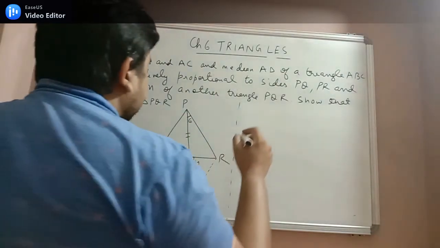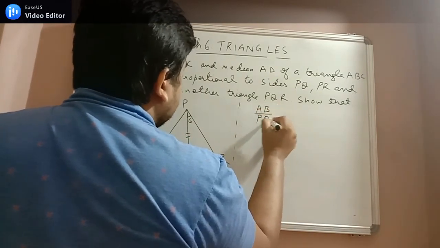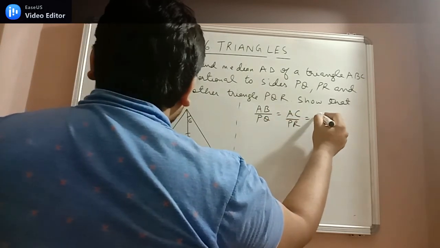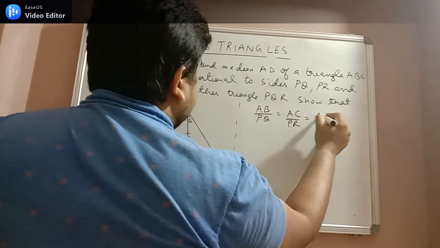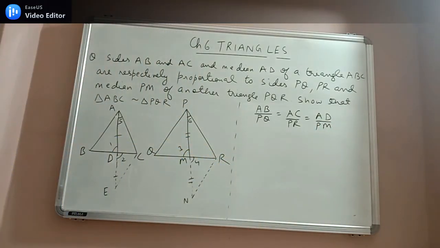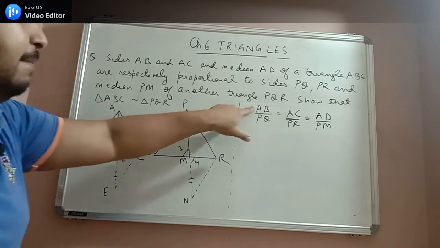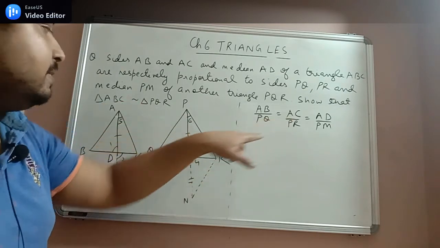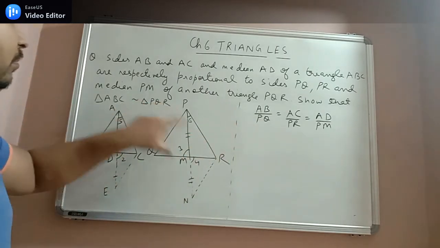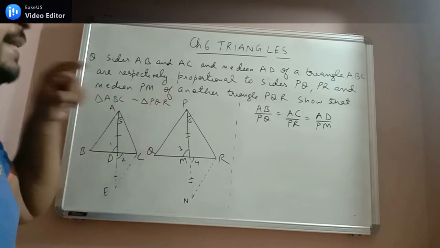Now we already have this ratio AB upon PQ equal to AC upon PR equal to AD upon PM. Let us write down EC instead of AB, NR instead of PQ, and instead of AD and PM let's write down 2AD and 2PM.